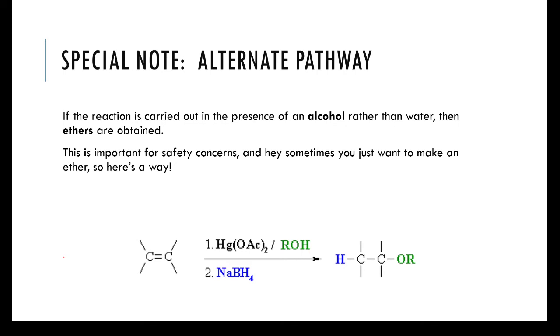What if I don't use water? Instead, I have the mercuric acetate in alcohol. Well, if that's the case, then I can end up with an ether. Why would I want to do that? I don't know, maybe you want to make an ether. But here we go, couple problems. Number one, mercury is toxic. Number two, ethers, depending on the ether, are usually flammable.